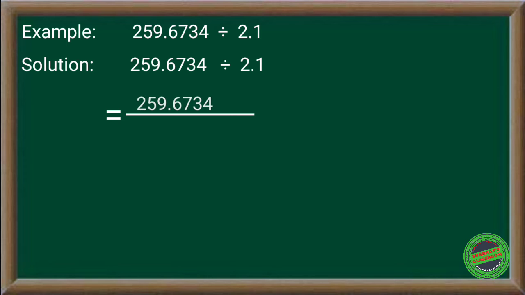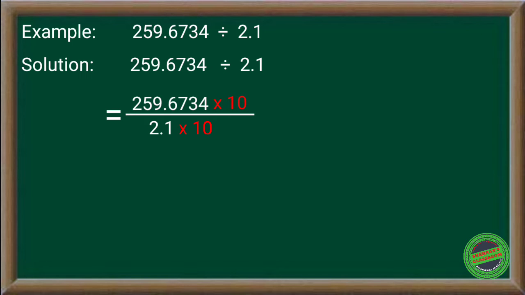So let me write the numerator, that is 259.6734, and then the denominator 2.1. Now multiply both, and always keep it in mind, only the denominator should be converted into a whole number. So 2.1 when multiplied by 10 will be only what? 21, which is a whole number.